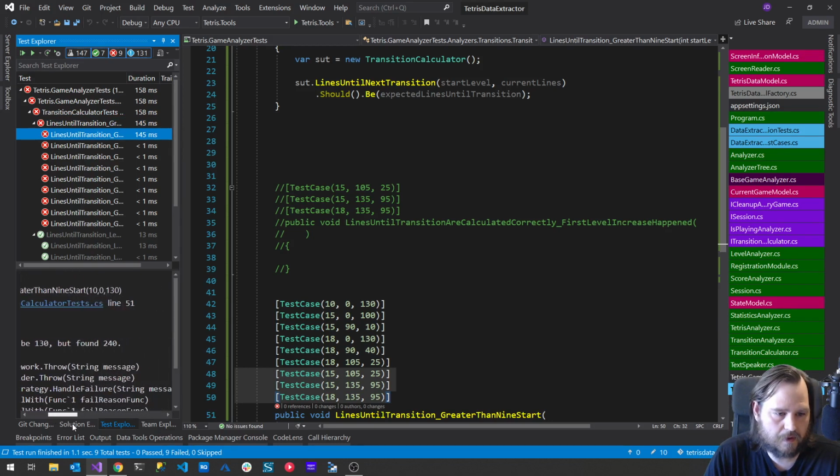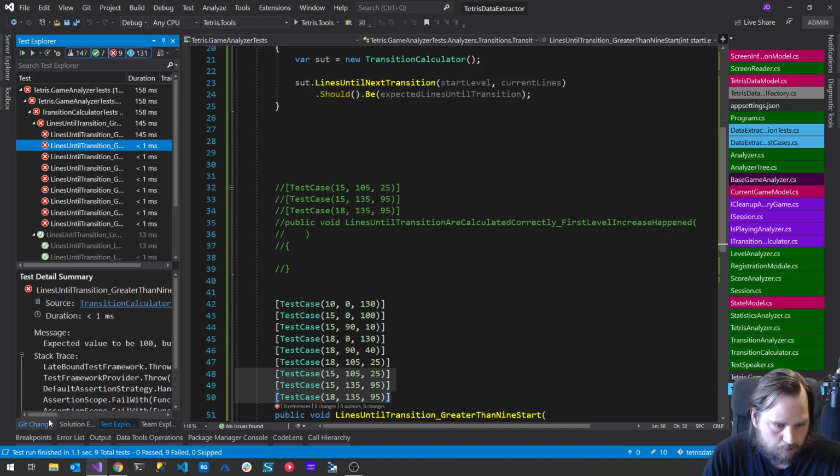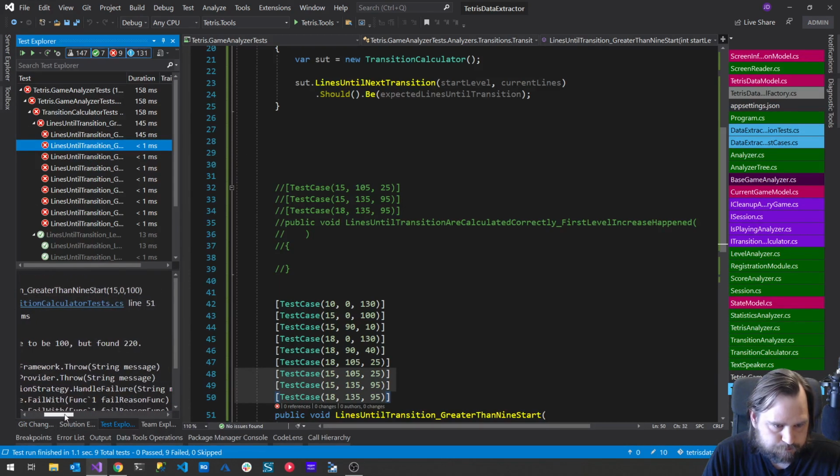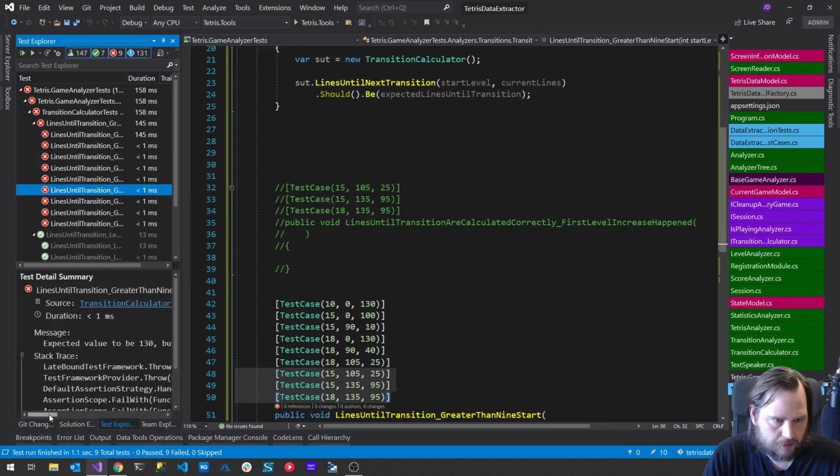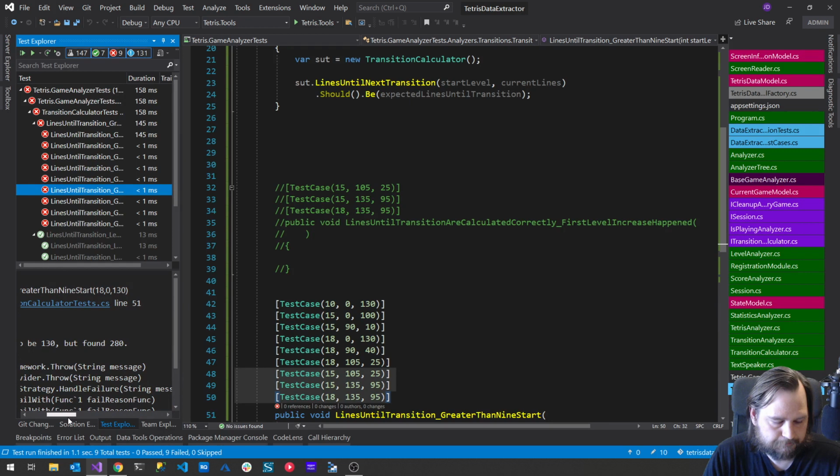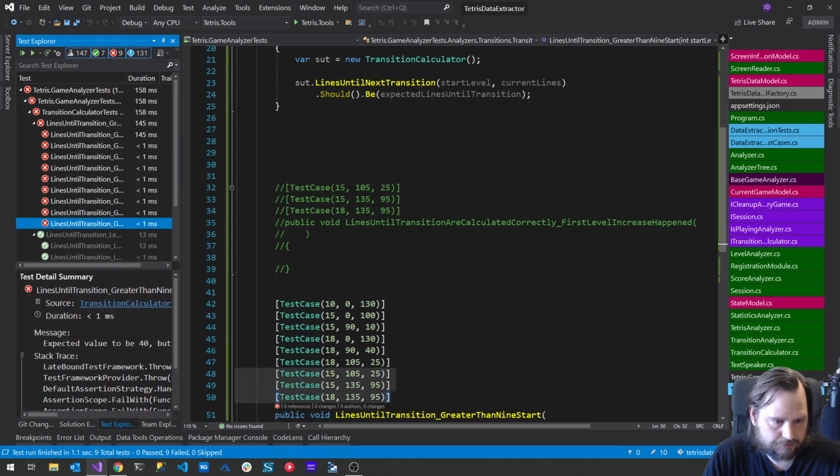Expected to be 130, but found 240. Everything is wrong. Expected value to be 40, but found 190.